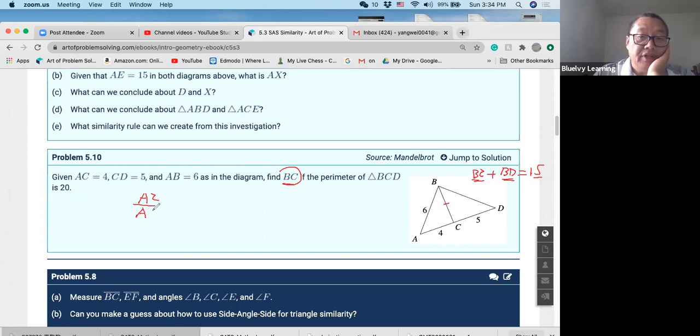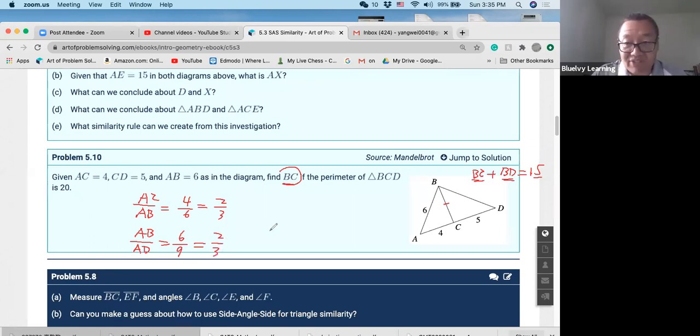AC over AB equals 4 over 6, and this one equals 2 over 3. Then AB over AD, this one equals 6 over 9. This one also equals 2 over 3.